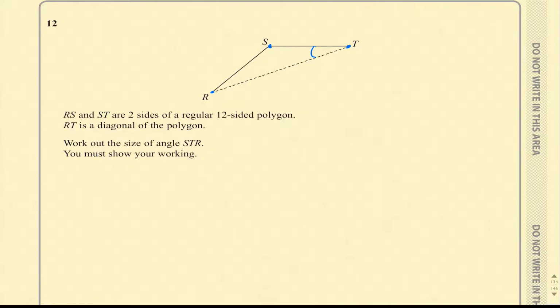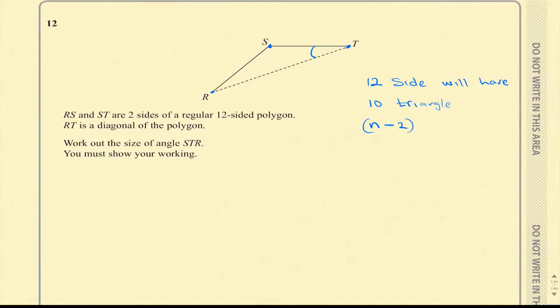Now, in order to do that, we know that the polygon has 12 sides. How many triangles will it have? 10 triangles. There's a formula for that: n, the number of sides, minus 2.